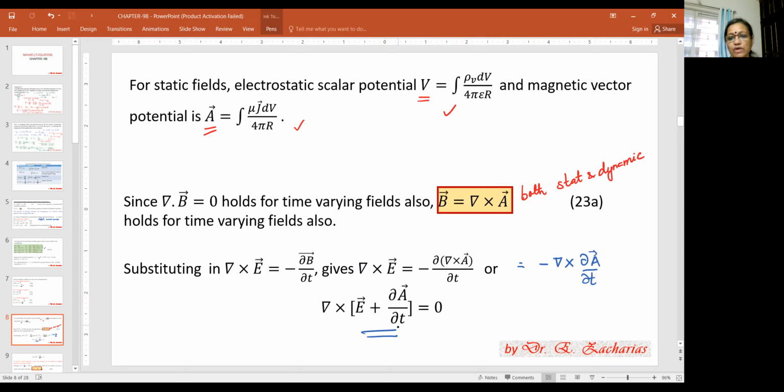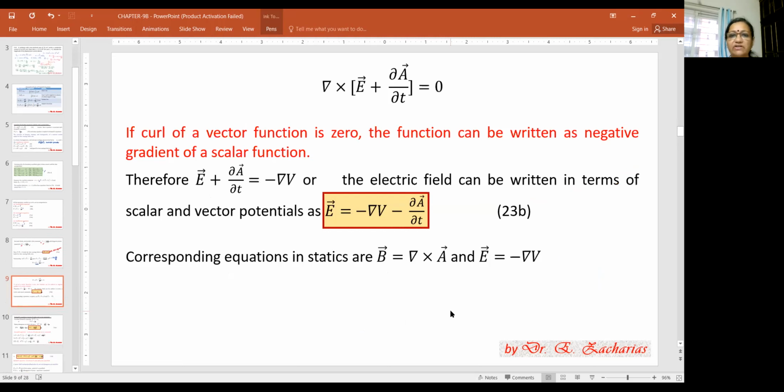Curl of E plus dou A by dou T equal to 0. Now when the curl of any vector is 0, mathematics will tell you that you can write that vector as a negative gradient of a scalar function.